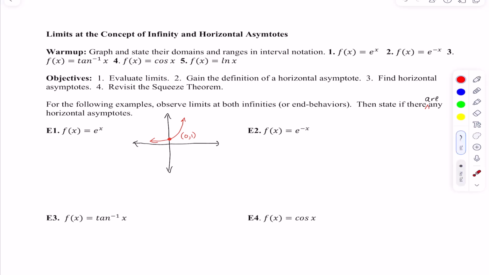So as x approaches infinity in the negative direction, what happens to the corresponding function values? Now remember, we write this with limit notation. Notice this is approaching 0.